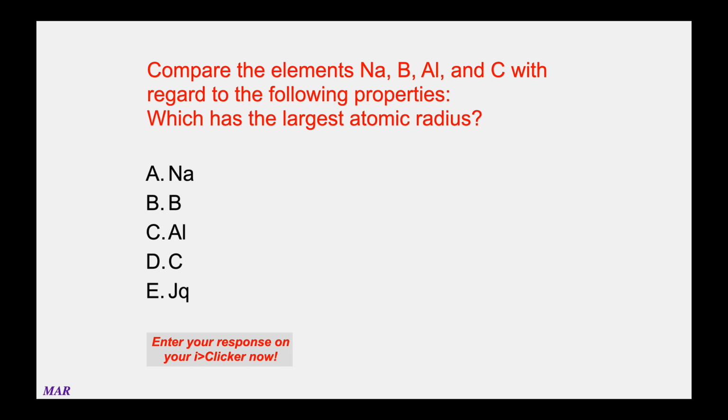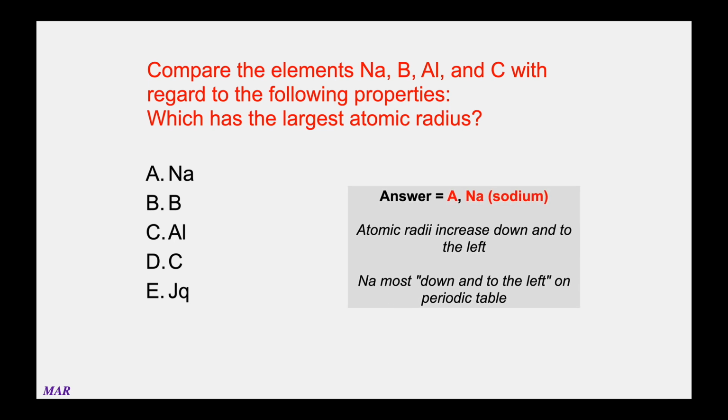Boron is more left, aluminum is more left and down, but by far sodium is most to the left and down. So we would argue, just based on the position on the periodic table, sodium is the biggest atom. So again, left and down for atomic size. Left and down also works for ionic size, as long as you compare cations to cations or anions to anions.